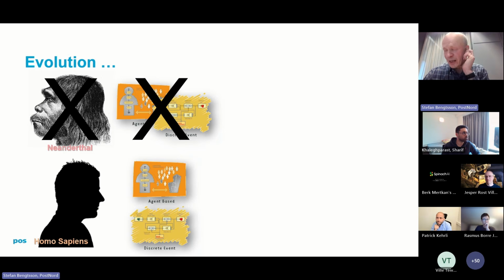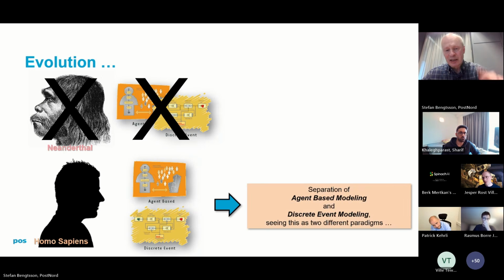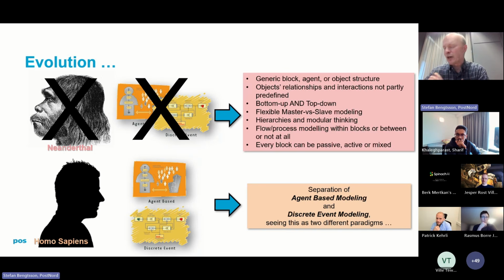In a way, I want to make the same parallel when it comes to the fact that agent-based and discrete event have evolved to be two separate fields when they shouldn't have been. They should have been one field, one paradigm. We should never have made this separation because it has only hurt us.